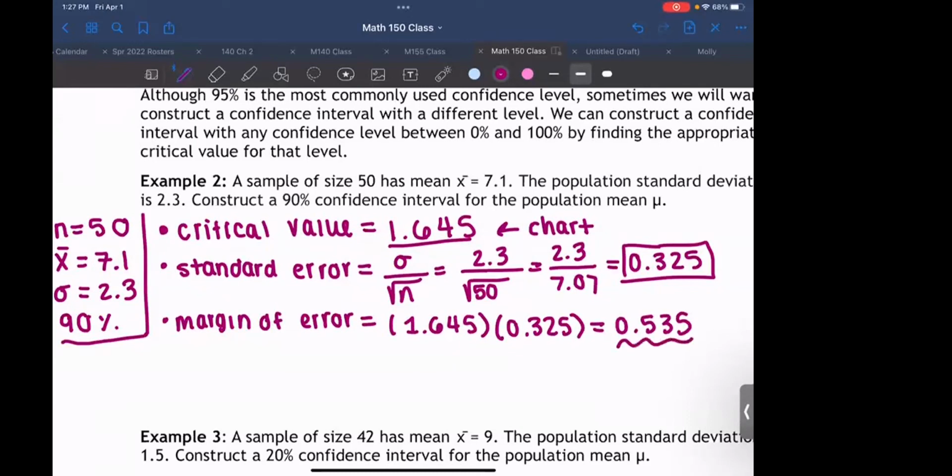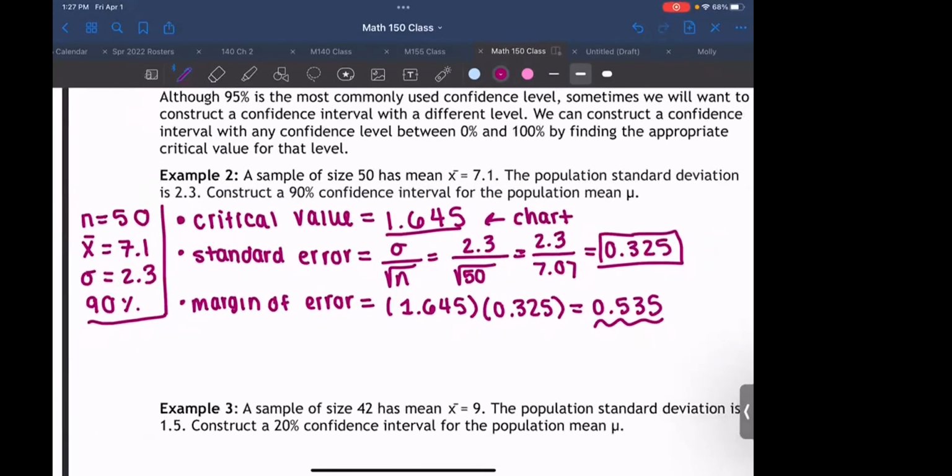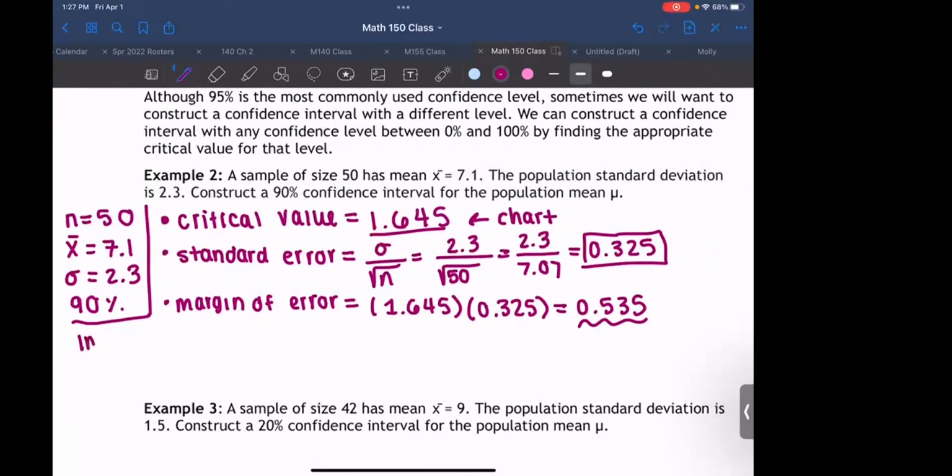So the most important number here that we found is the margin of error. We're going to use this to make our confidence interval. Two ways to write this. Who wants to give me the plus or minus version?